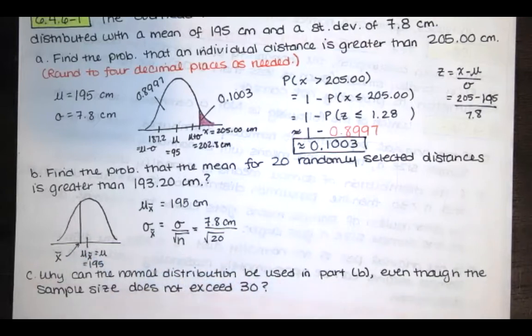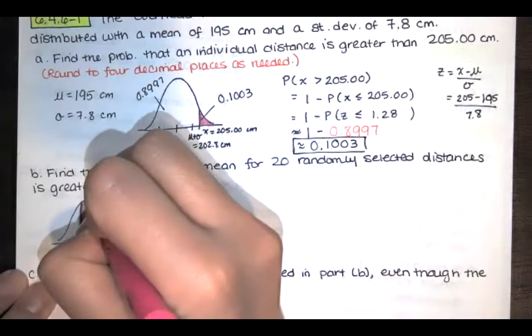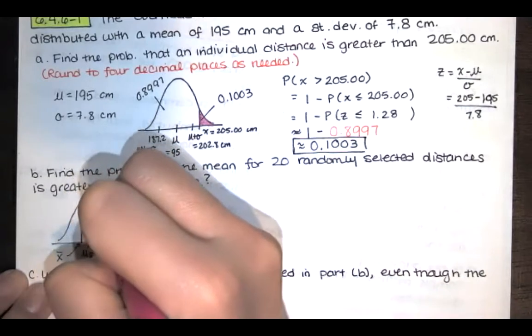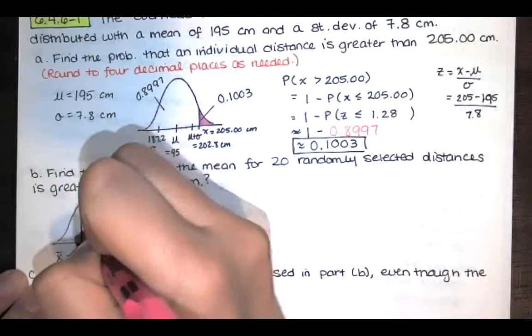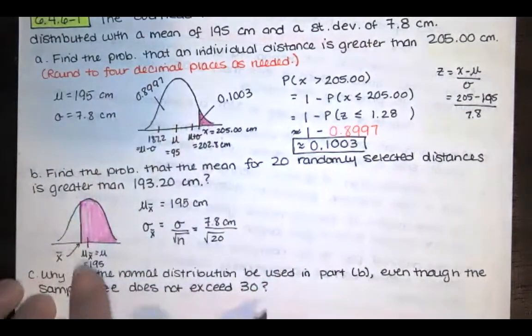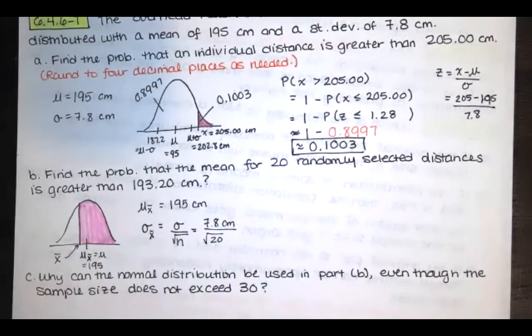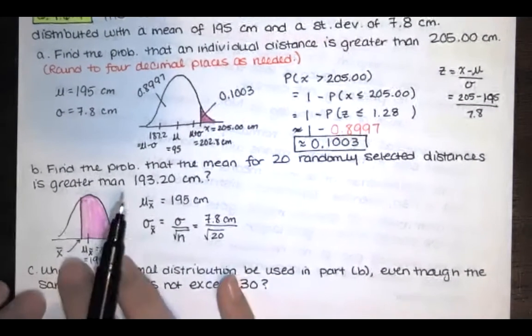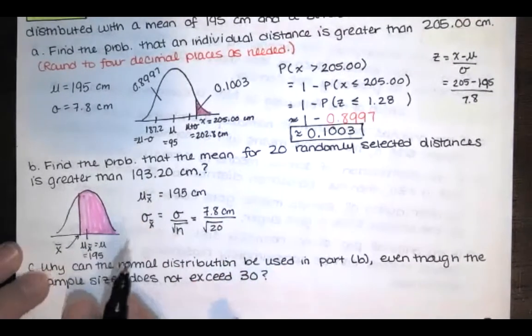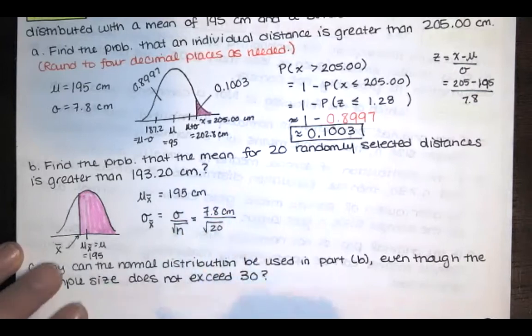Since I'm looking for the mean to be greater than that, I'm looking for this area to the right of that proposed sample mean of 193.2 centimeters. Now, in order to find that area, I need to convert this X bar to the corresponding Z-score.